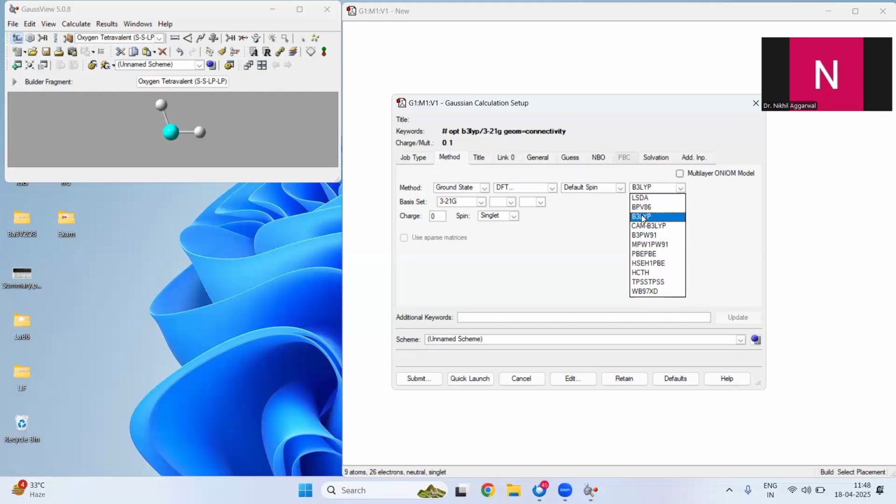Participants, think about your own research-based molecule and answer me in the chat box, B3LYP or omega B97XD. So two participants have replied with B3LYP, one with the omega.